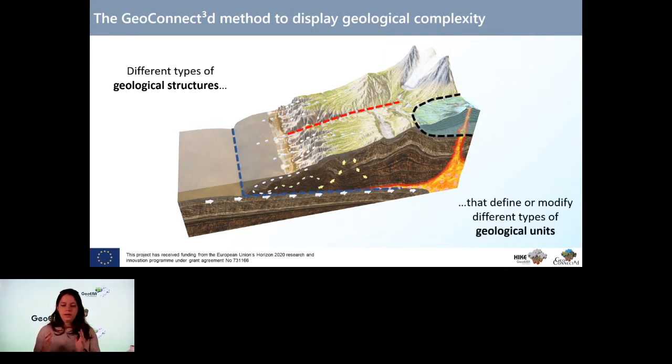And these define or modify different types of geological units. And this allows us to have really a framework in which different types of geological data can be inserted, contextualized, and valorized.